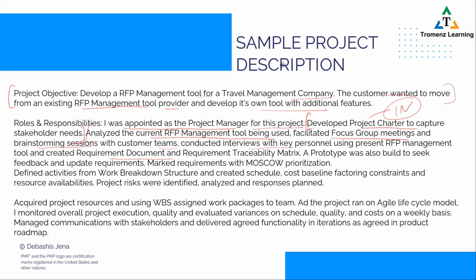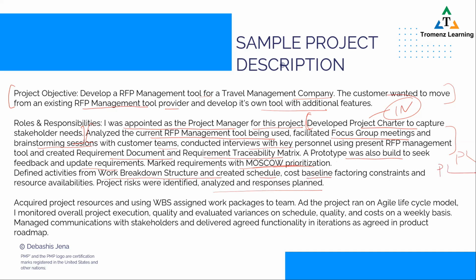And this part, creating the RTM, requirement traceability matrix, building a prototype to get feedback, then ranking or prioritizing the requirements, this is all planning. Even this one, preparing a work breakdown structure, schedule, cost, all this is planning.